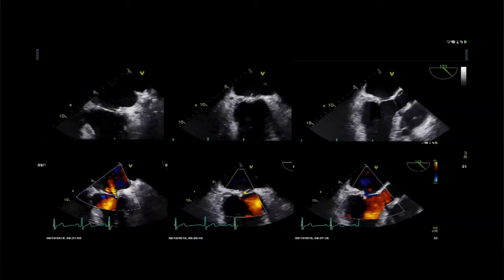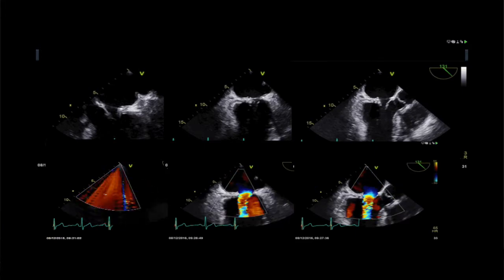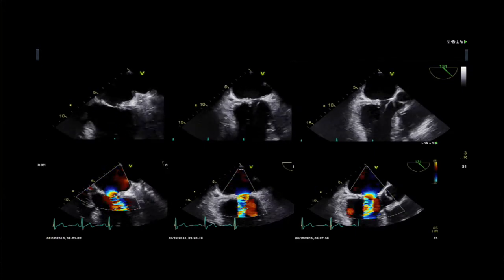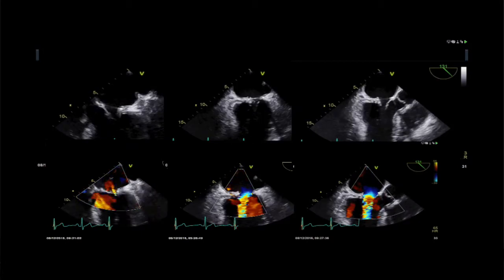Here is the echo of this repaired mitral valve. And an FDG PET scan was acquired.